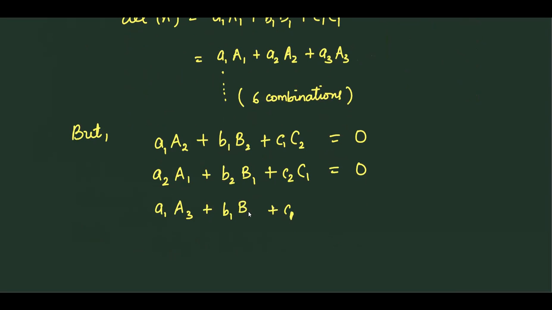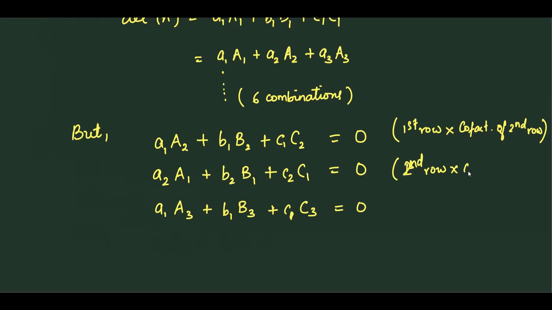Again, remember, this has to be done along row. Row means with rows, cofactors of second row. This is first row into cofactor of second row. This is second row, cofactors of first row.